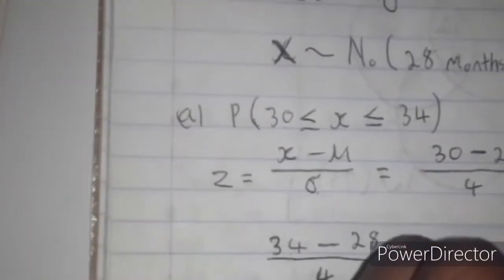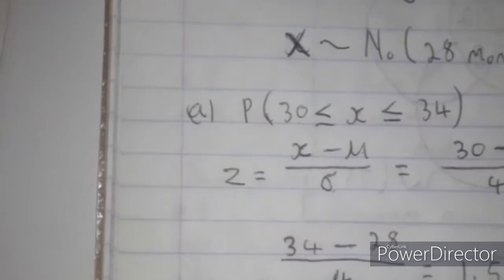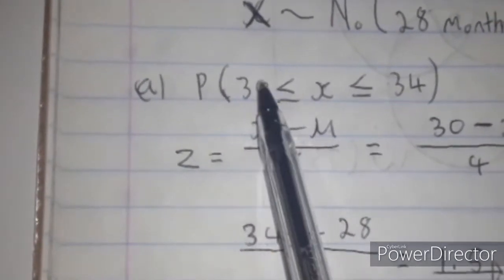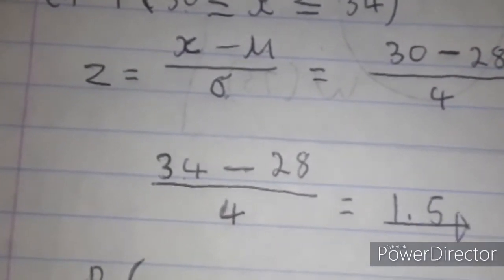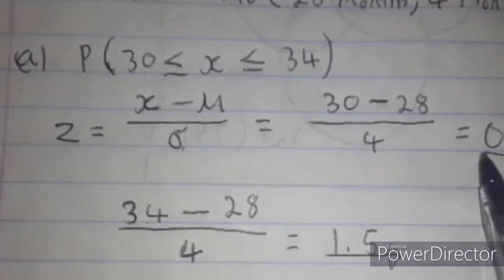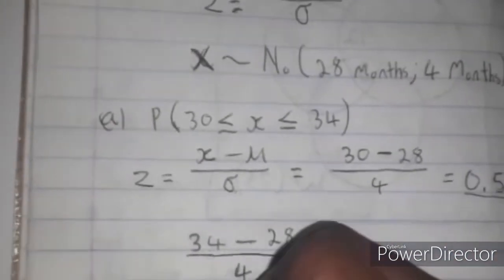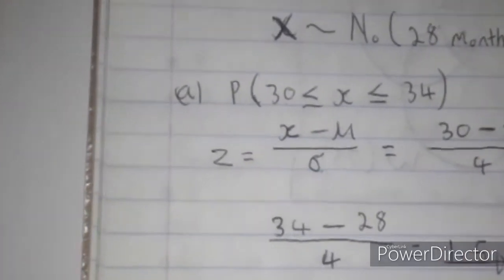Then let's go to the next step. With the x value of 30, we got z of 0.5. So we're going to substitute 30 by 0.5.